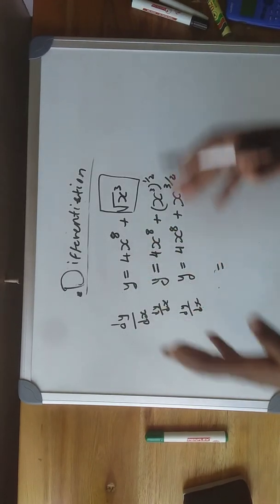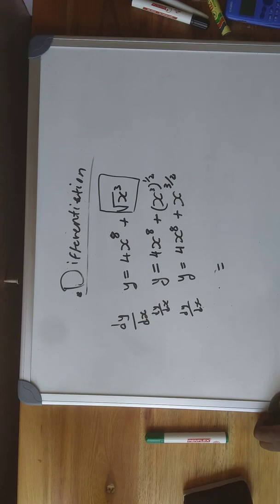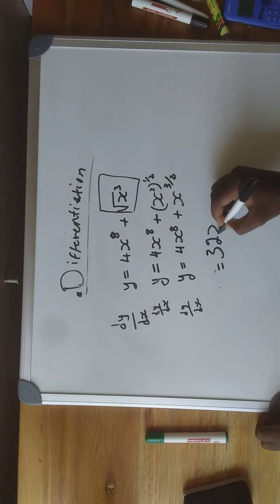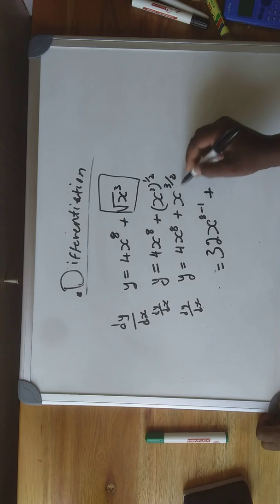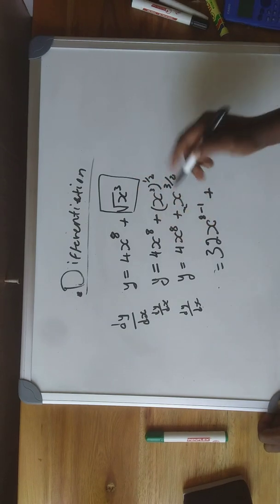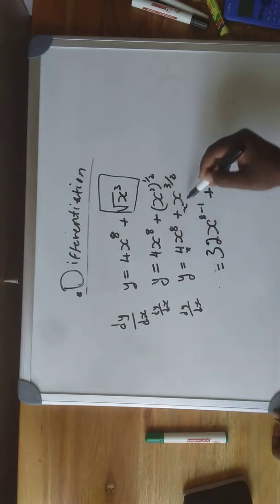We are taking the exponent and multiplying it by the base. 8 times 4 is 32. It's 32x to the 8 minus 1 plus, again we take this exponent and multiply it by the base, which is 1 now, because here the base was 4, now it is 1.